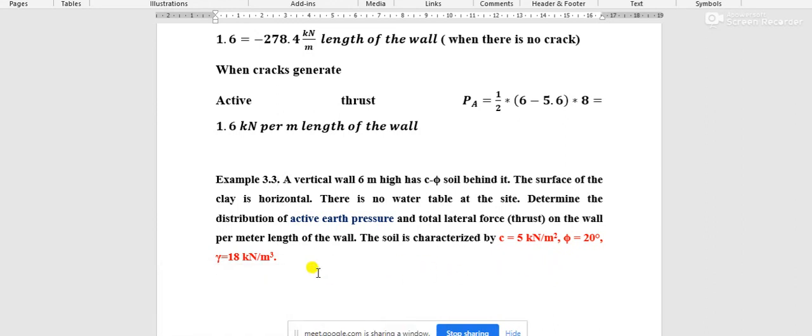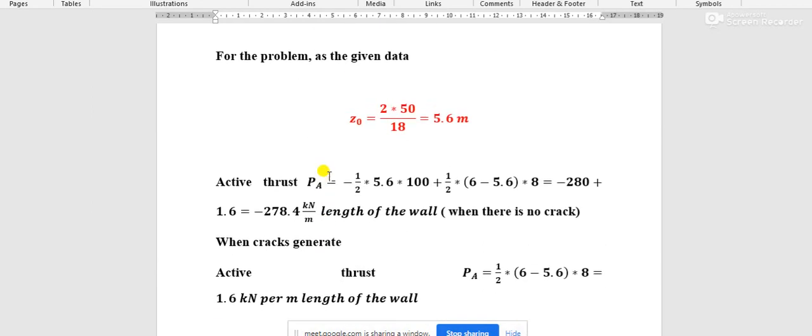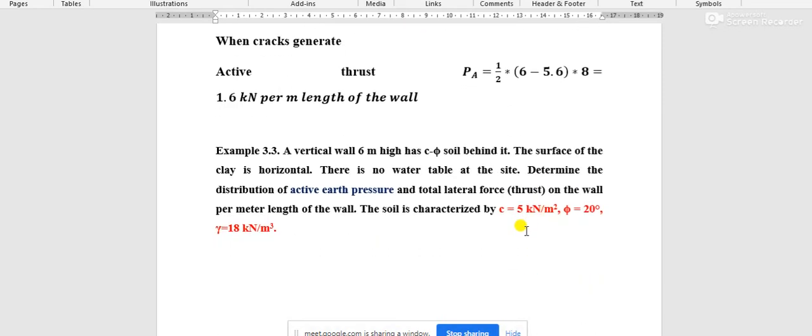Please try to solve this problem yourselves and write down the value of the active thrust, considering there is no crack in the soil.